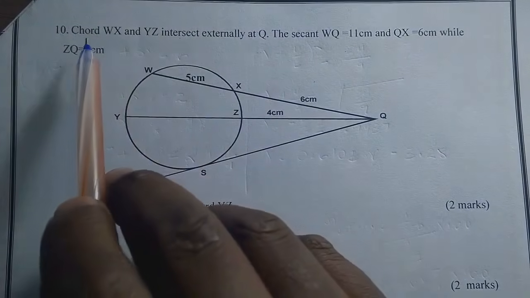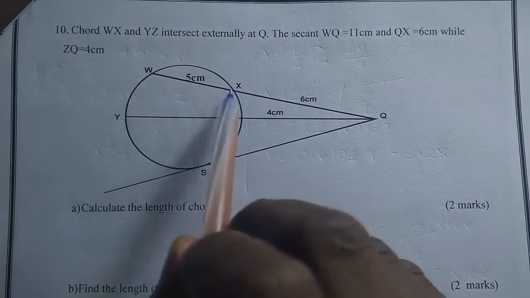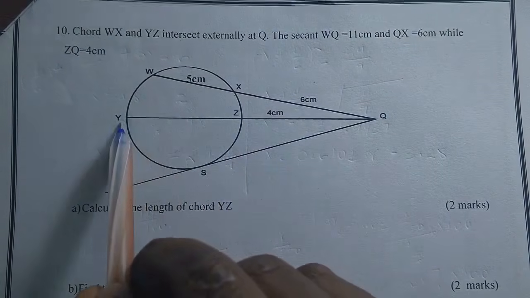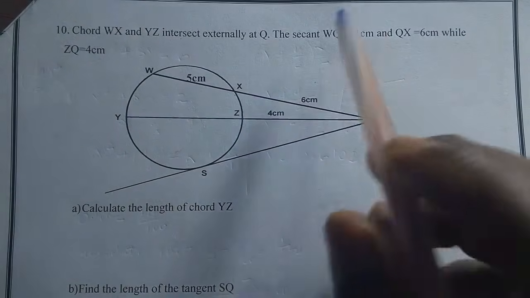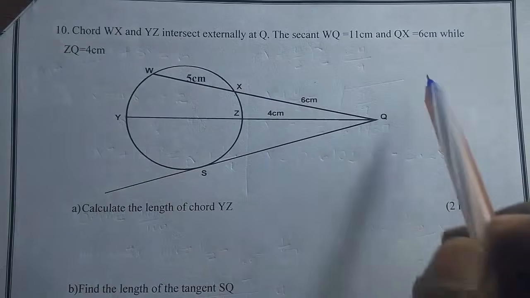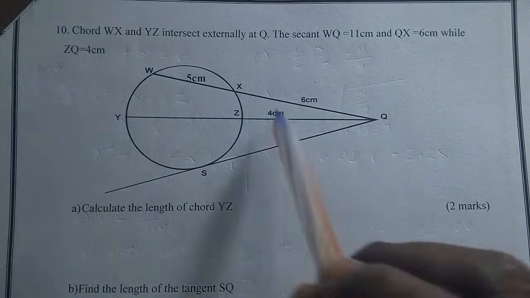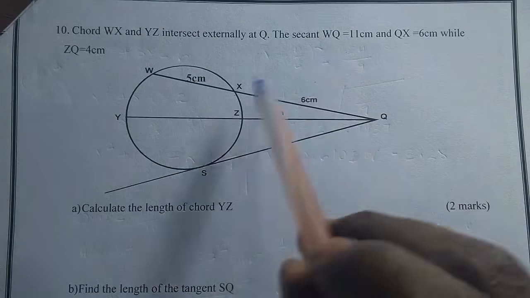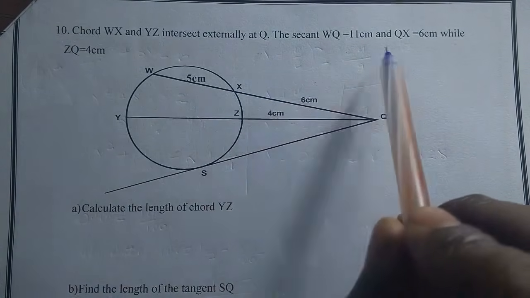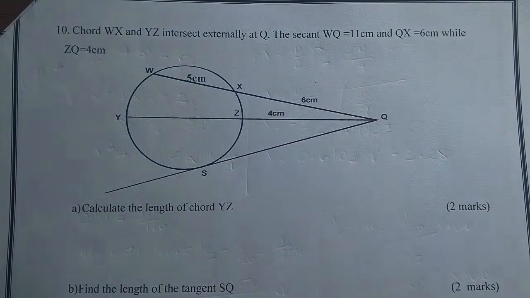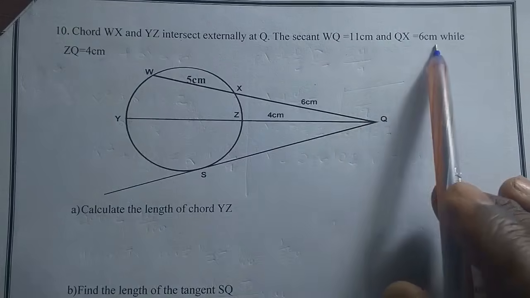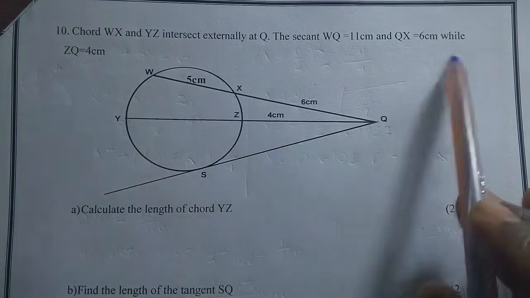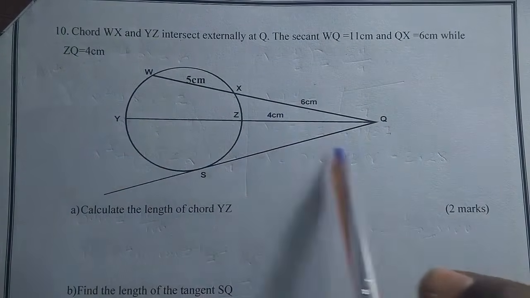Chords WX and YZ intersect at Q. The length WQ is equal to 11, and XQ is equal to 6, while ZQ is equal to 4.